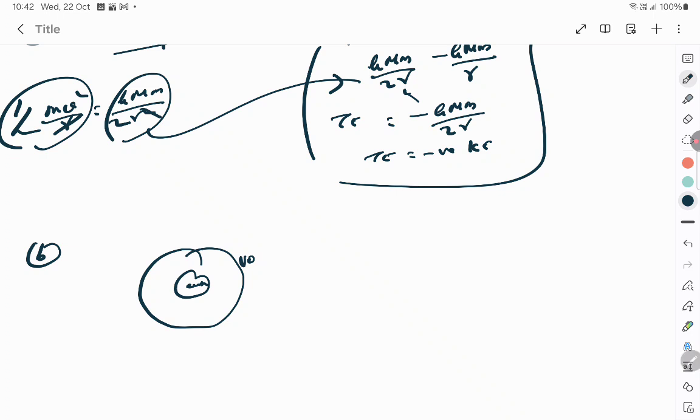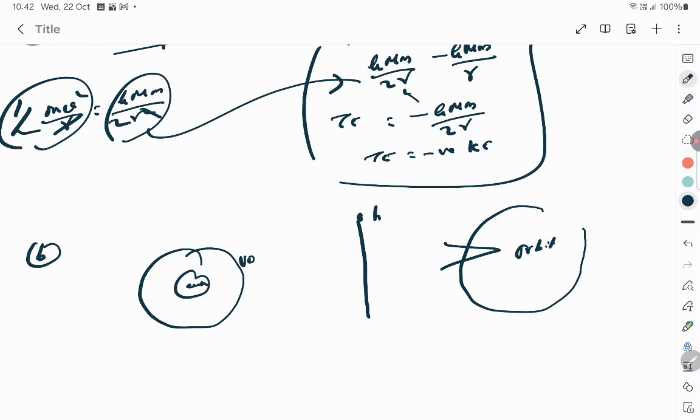the energy required to project a satellite at the same height out of the Earth's influence. Supposing you are projecting a satellite to the same height, and the second case is you are projecting the satellite to the same height but allowing it to orbit. Two different cases, and they are asking whether the energy required for orbiting will be less than raising it to that particular height and making it stand there.